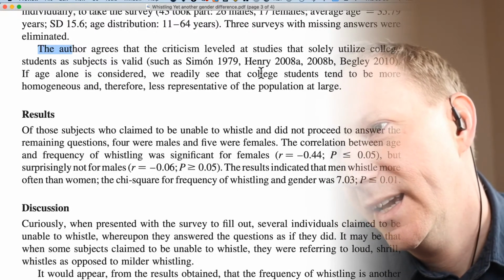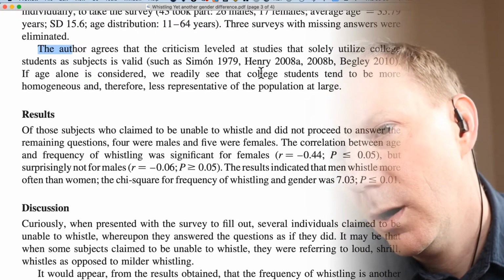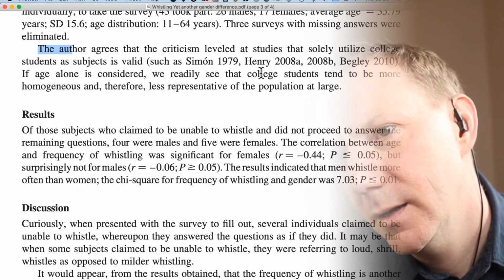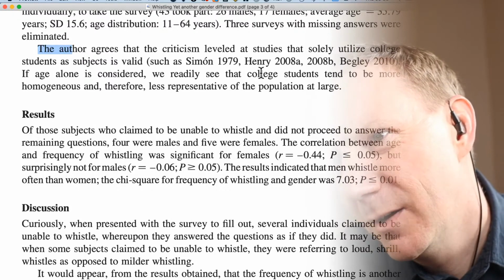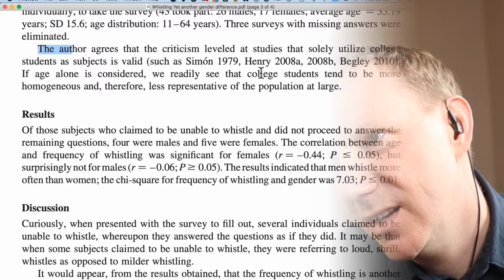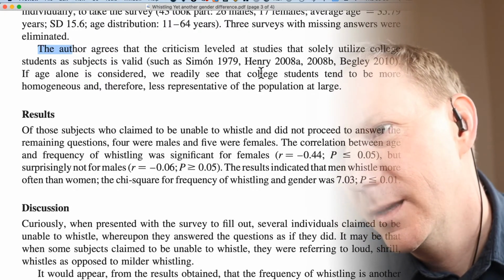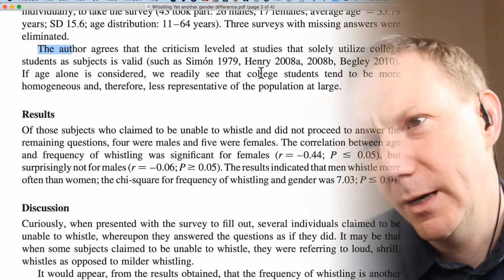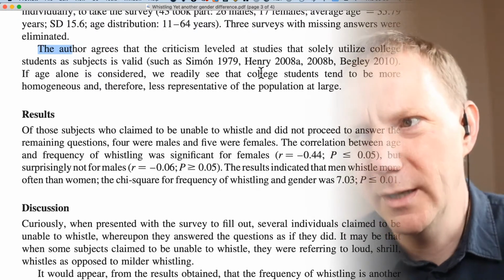The results indicated that men whistle more often than women. The chi-square test for frequency of whistling and gender was 7.03. Okay. So what is he doing here?